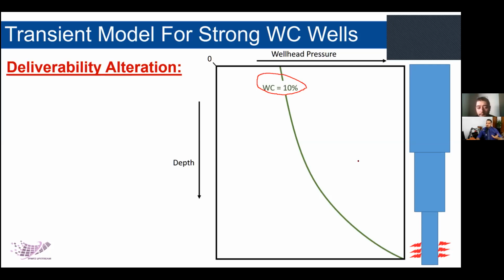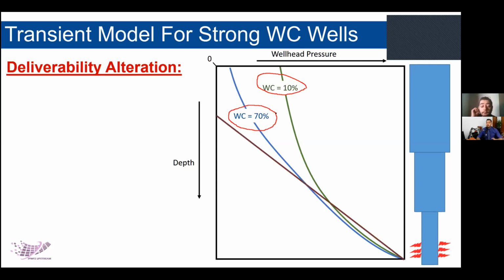Whenever you have more water cut, this curvature will reduce, meaning you will have less wellhead pressure, and you will have much more pressure drop due to friction and gravity. For example, this curve is for a water cut of 70%. And whenever you have 100% water cut, you will have something called the static gradient, where you will have the fluid level up this high, and your well will eventually die.